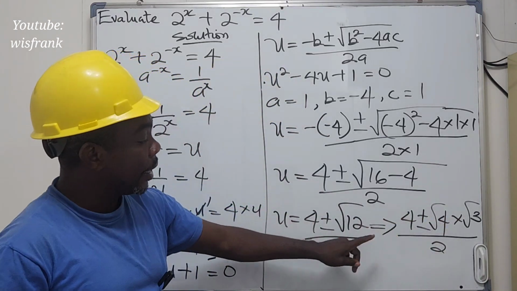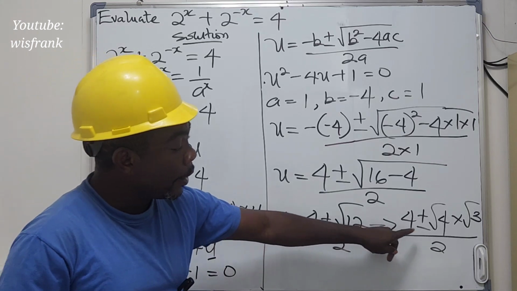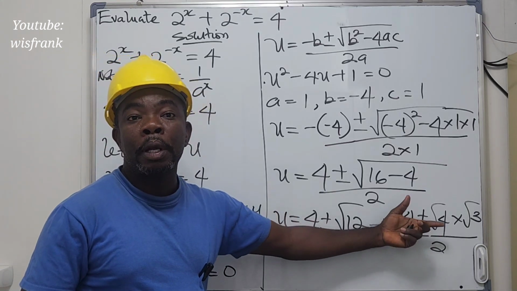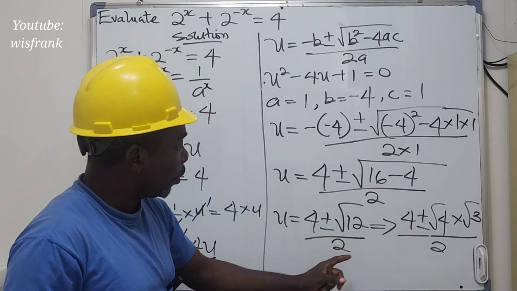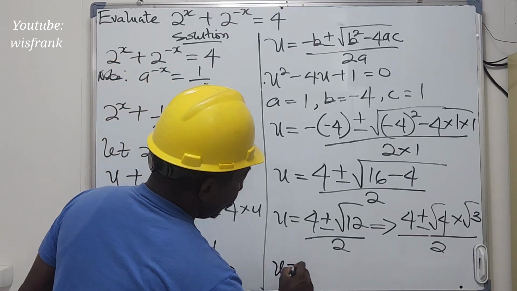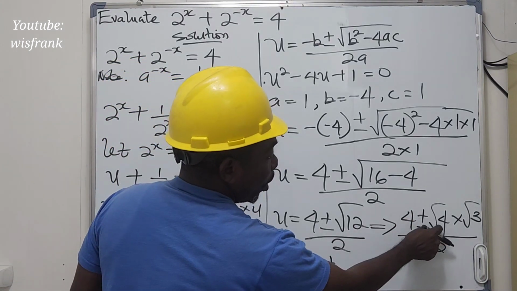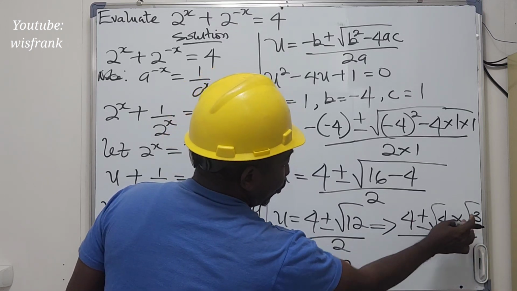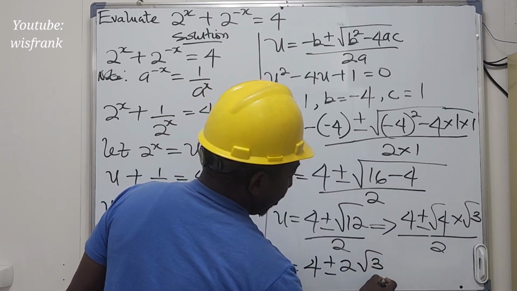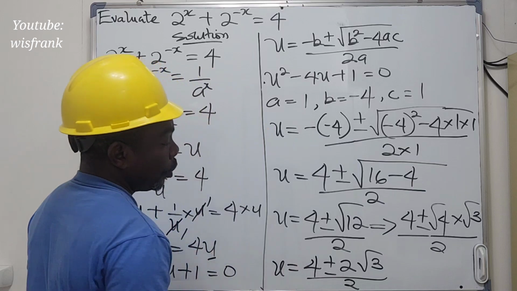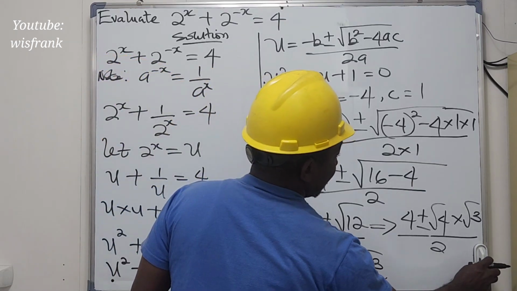In this case, because we want to find the root of 4 so that we'll be able to simplify this, this u will become 4 plus or minus square root of 4, which is 2, remaining root 3 all over 2. So we can separate this.